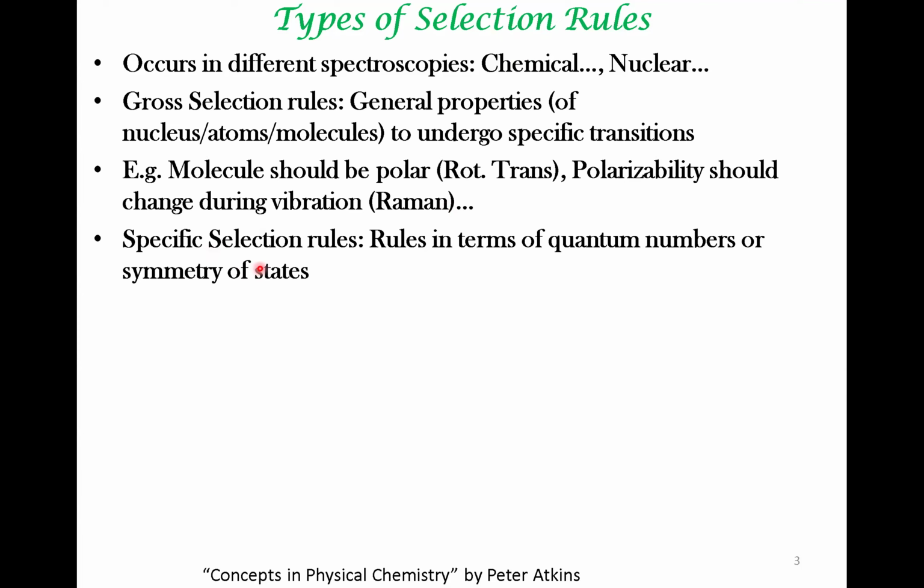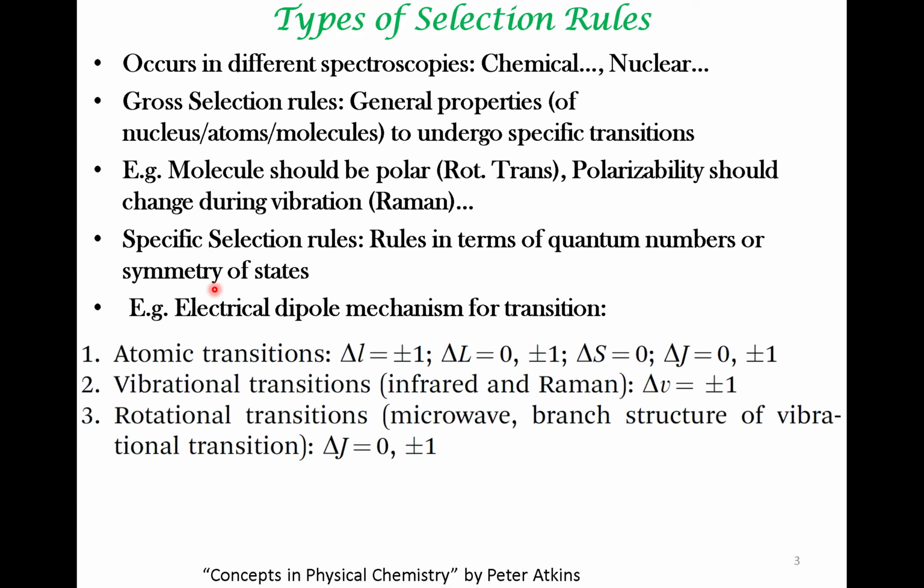And there is also specific selection rules. So here, the constraints are provided via quantum numbers or certain symmetry states of the molecule, of the system. Okay. So, for example, if you consider the electrical dipole mechanism for transition, you can come up with certain constraints. If the atomic transition involves a change in the angular momentum of the electron, if the change is plus or minus one, then it is an allowed transition via this mechanism.